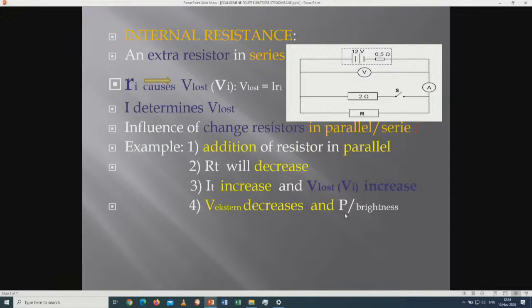So, addition of parallel resistors is bad for your circuit in the sense that it increases the current, V lost becomes bigger, and you have less energy per coulomb for the external circuit. So your V external is less. So if you have bulbs in your circuit, the brightness will drop. So that is one of the disadvantages of parallel resistors if you use a battery where internal resistance is present.